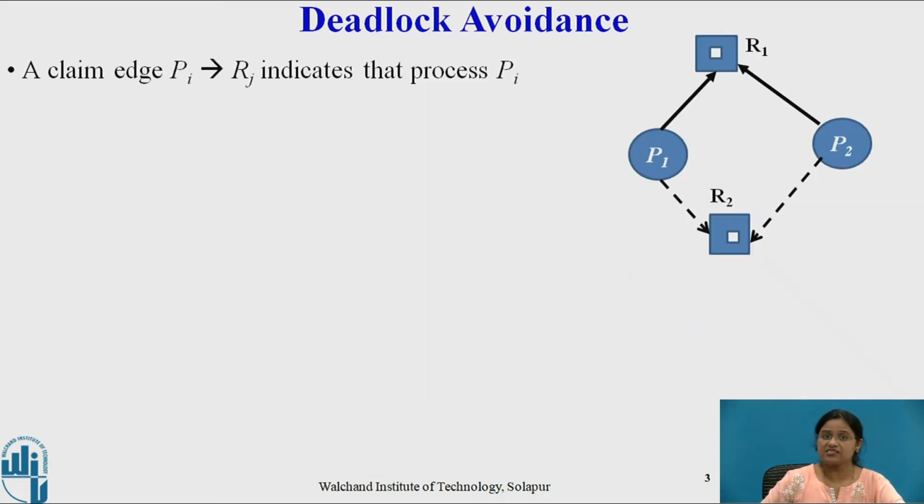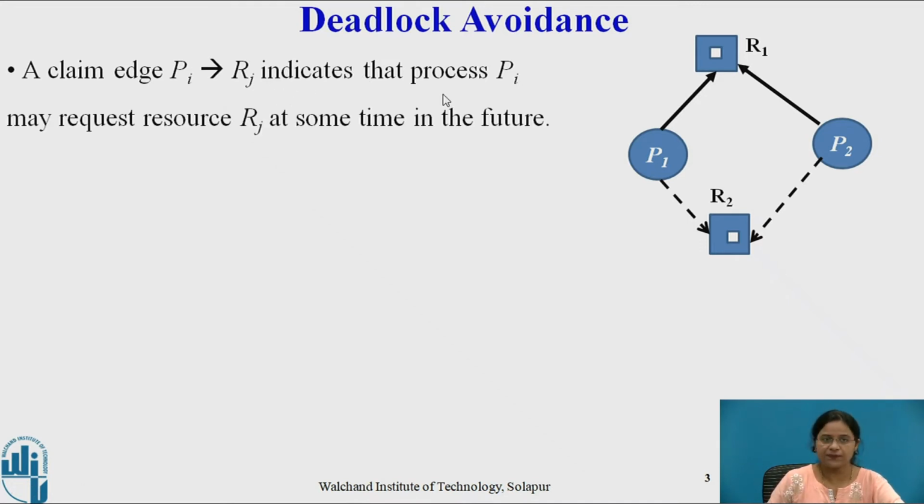That claim edge is shown by a dashed line. A claim edge Pi to Rj indicates that process Pi may request resource Rj at some time in the future. Here, P1 to R2 is a claim edge, shown by a dashed line.